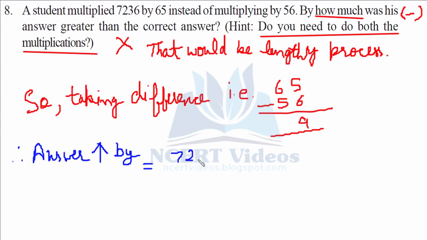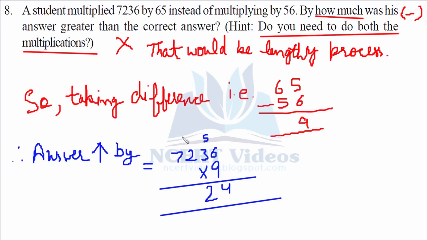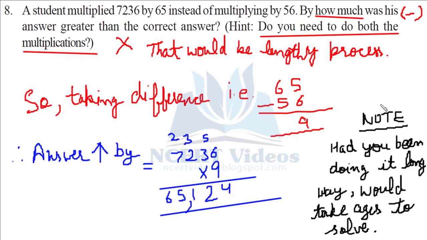Therefore answer greater by 7,236 multiplied with 9. So that gives you 6 nines are 54. That is 4, carry 5. 27 plus 5 gives you 32. 3 nines are 18. 21. 2. 65. So that gives you 65,124 is the difference. So note, had you been doing it the long way, it would have taken you ages to solve it, because then you would have multiplied with both the numbers.